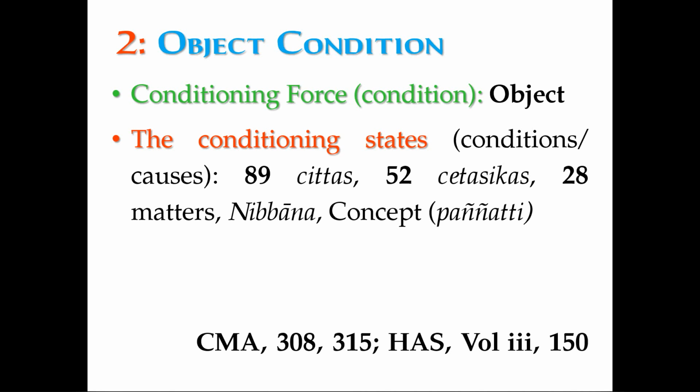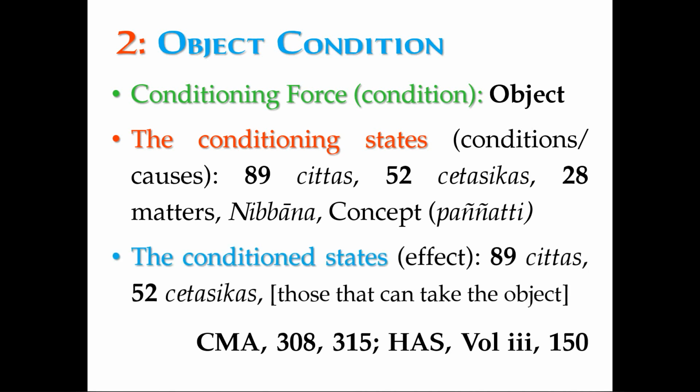So by looking at all these, we will know that everything is an object, right? Whether you see, hear, or smell, anything functions as an object. Because of these objects, we will have 89 chetas and 52 chetasikas. So the conditioned state and the effect are two types, 89 chetas and 52 chetasikas.